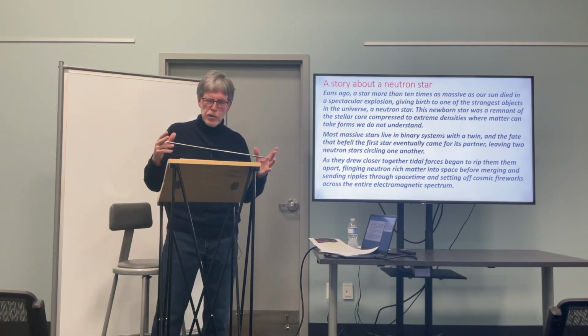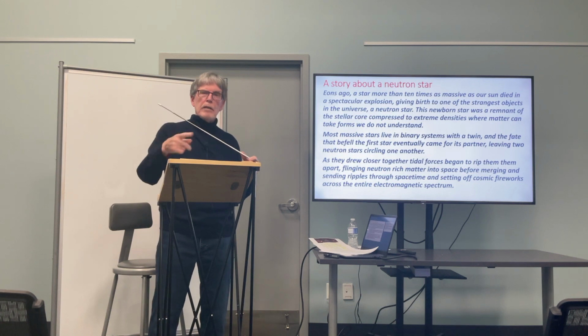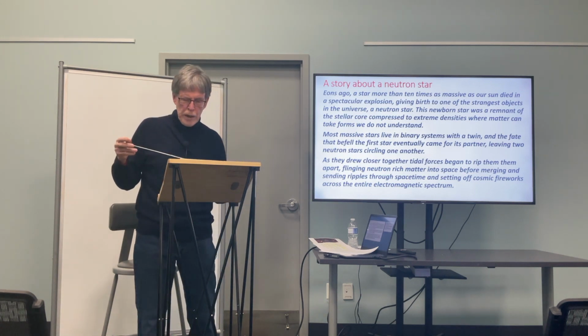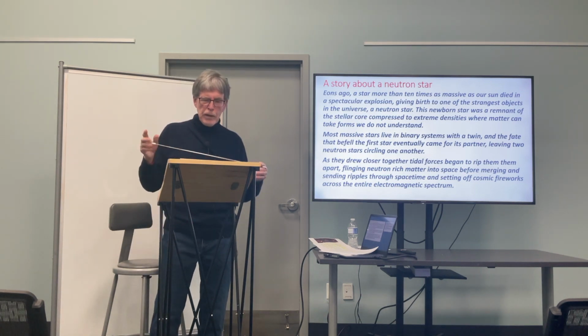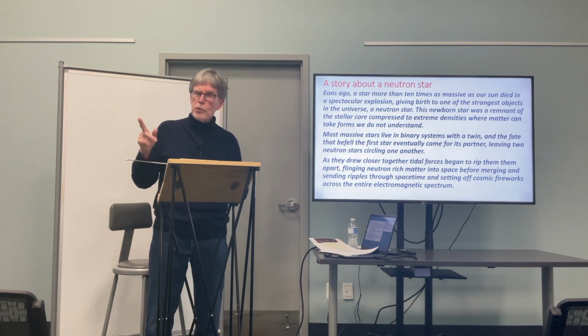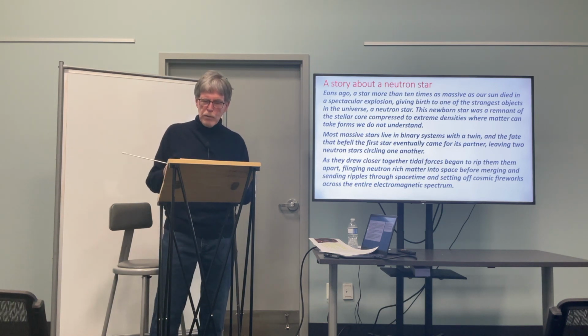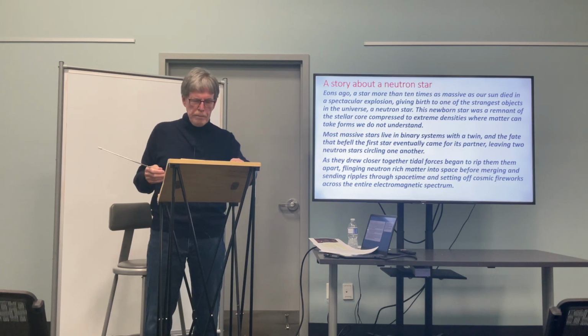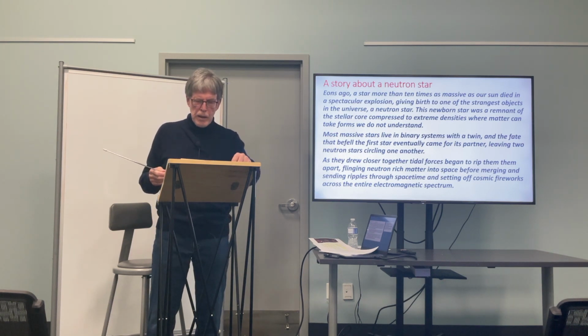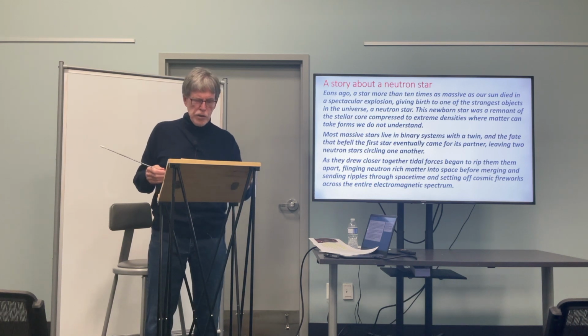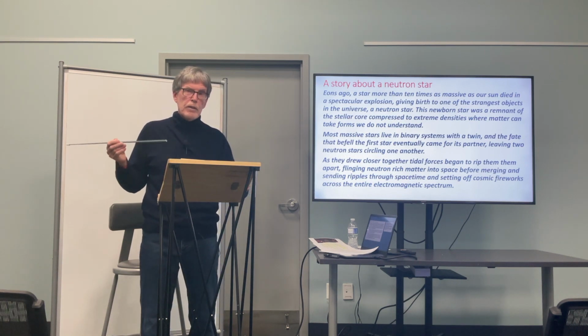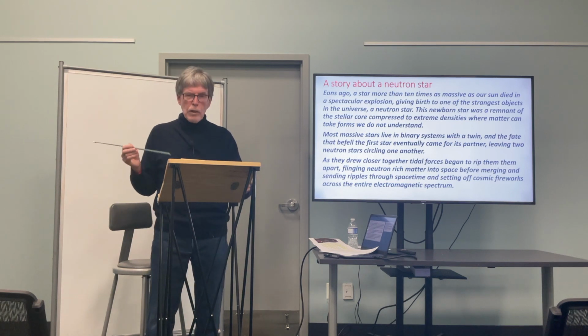Most massive stars live in binary systems, I mentioned that, in pairs, with a twin. And the fate that befell the first star eventually came for its partner, leaving two neutron stars circling one another. As they drew closer together, tidal forces began to rip through the flaming neutron-rich material into space before they merged, sending ripples, gravitational waves, throughout space-time.